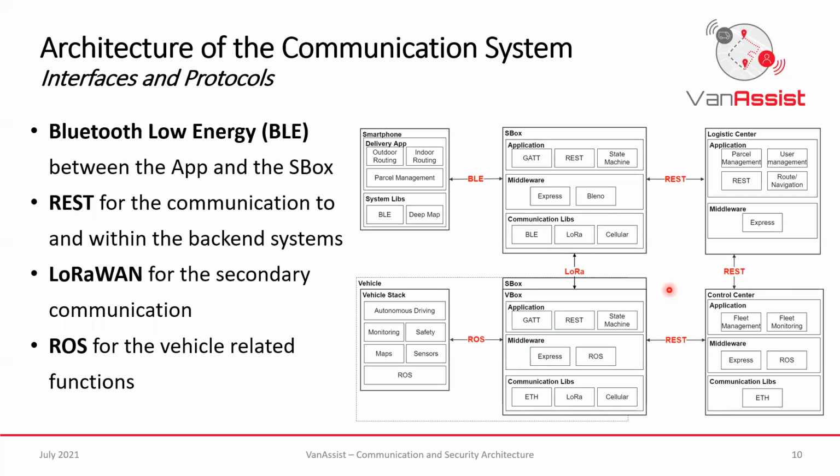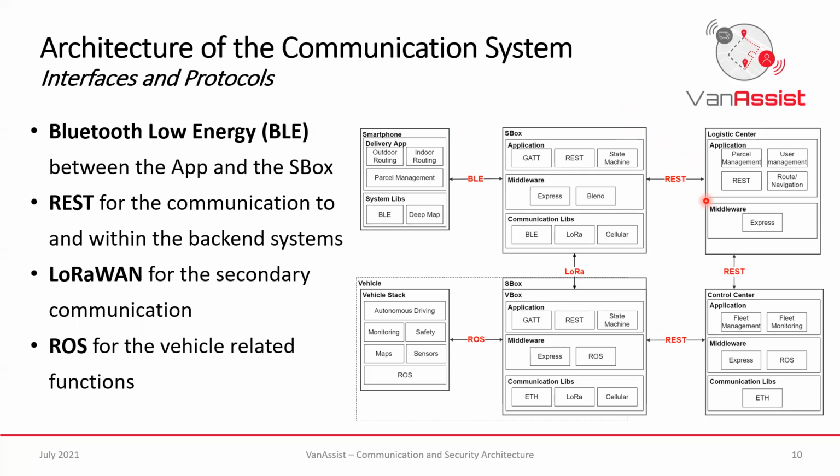So here we want to talk about the interfaces and protocols of the system. The first protocol is BLE or Bluetooth Low Energy, which is used to interface between the user smartphone and S-box. So the data here is exchanged using Bluetooth Low Energy. Then for the cellular interface and also the LAN communication within the backend system, between the V-box and control center and S-box and logistics center, we are using REST requests and responses.